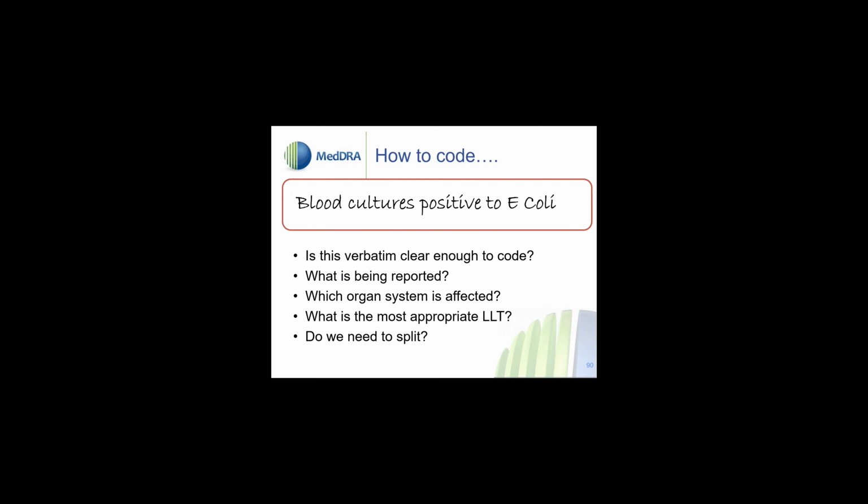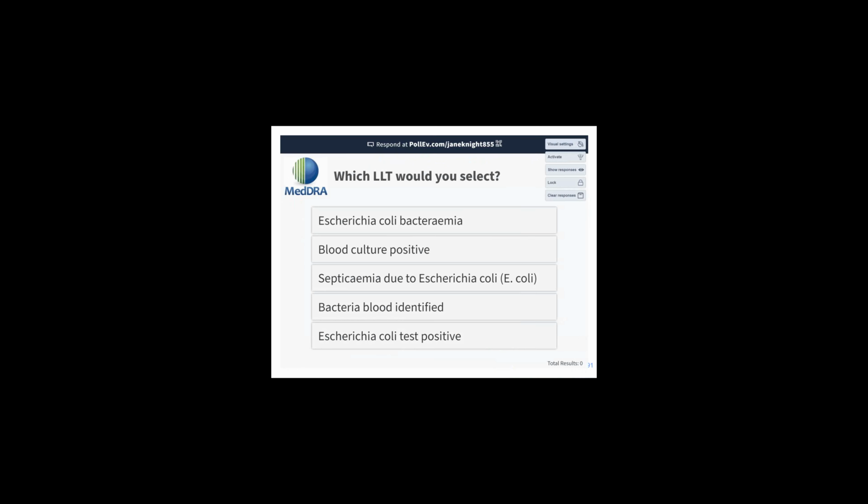So next example here, it is reported that blood cultures were positive for E. coli. And again, are we clear about what is meant here, what exactly is being reported, and which organ system is affected? And is there one suitable LLT which would capture this information, or do we have to prioritize or to split code again?